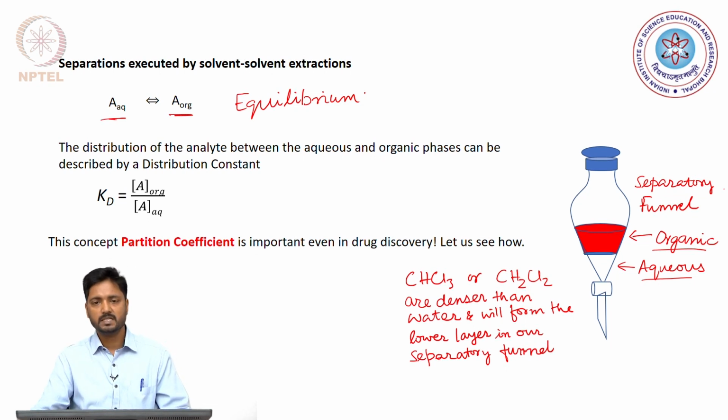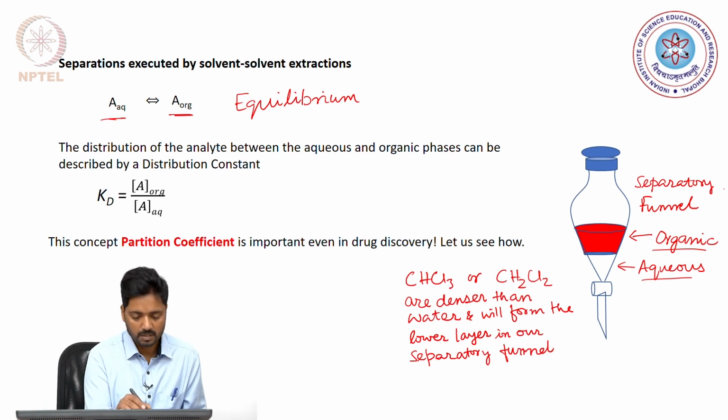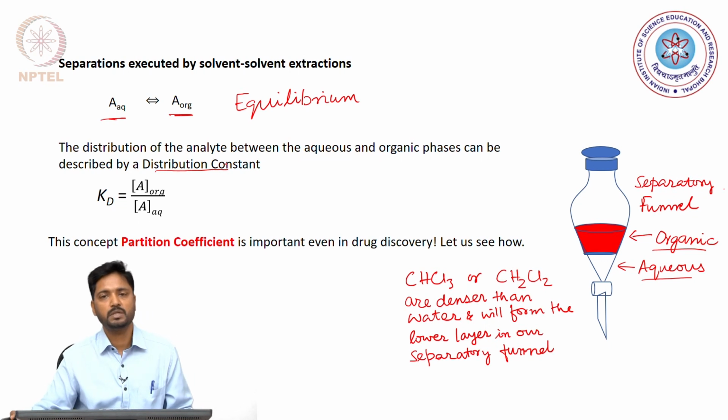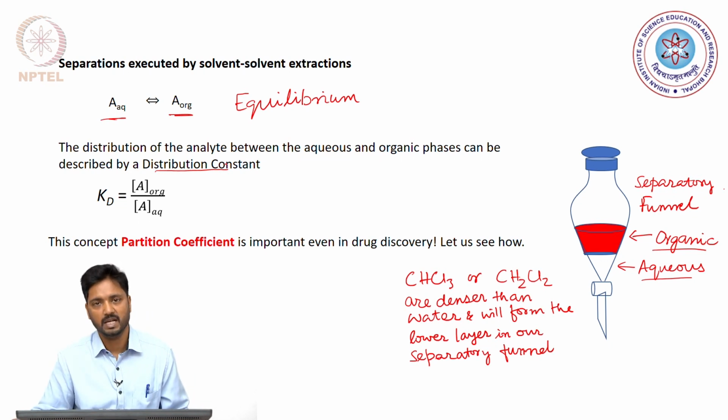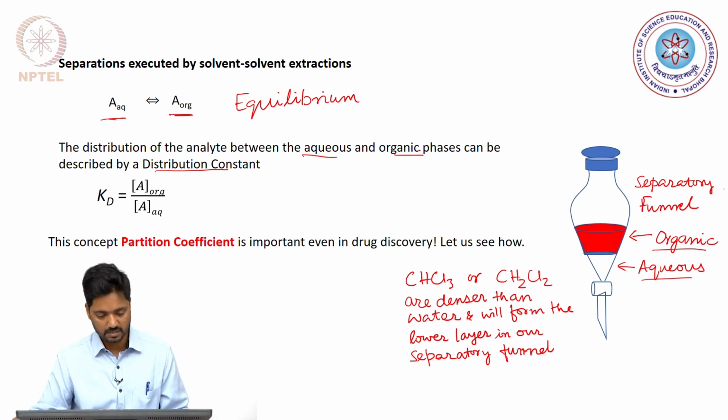Since it's an equilibrium that is getting established here, we use the concept of a distribution constant for this analyte, and it tells us how the analyte is getting distributed between the aqueous and the organic phases.